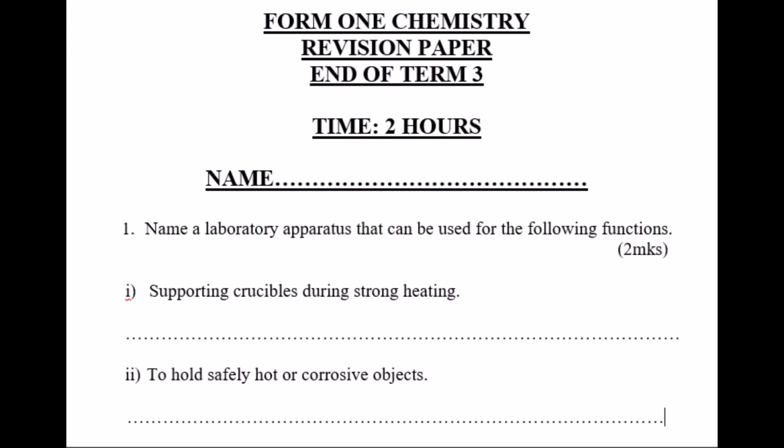With question 1, you're supposed to answer a question on apparatus. You're supposed to name the apparatus that can be used to support crucibles when you're heating. Part Roman 2, you're supposed to name an apparatus that can be used to hold hot solids or corrosive ones.